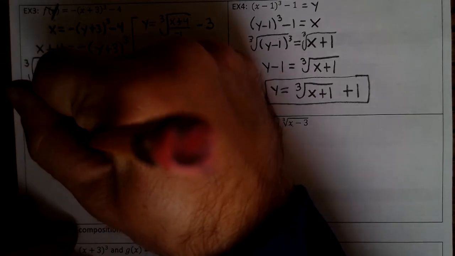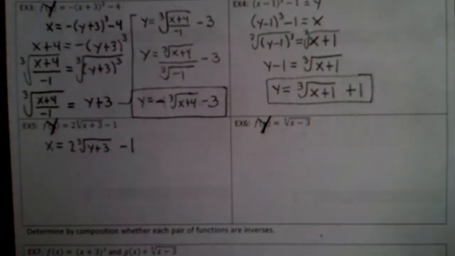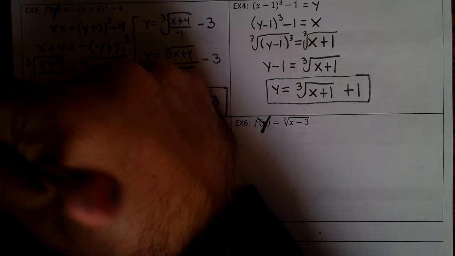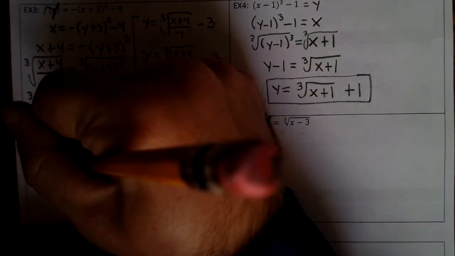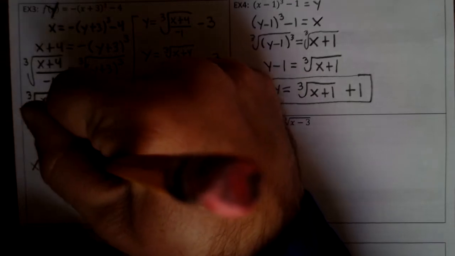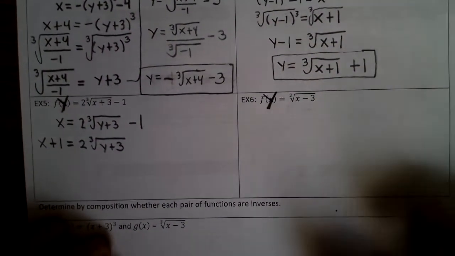We're going to add 1 to both sides. We get x plus 1 equals 2 times the cube root of y plus 3. Divide both sides by 2, so you get x plus 1 divided by 2 equals the cube root of y plus 3.